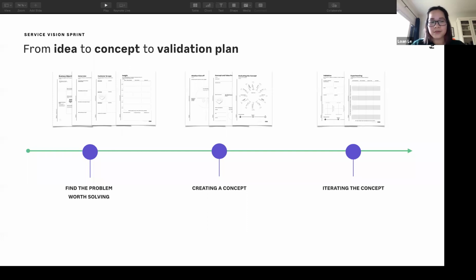The timeline for each canvas is usually 20 minutes, because in the workshop you usually have all the stakeholders like decision makers or C-level people. They don't have a lot of time, so you have to make it efficient for them. So we keep it about 20 to 30 minutes where people work on each canvas and then discuss.